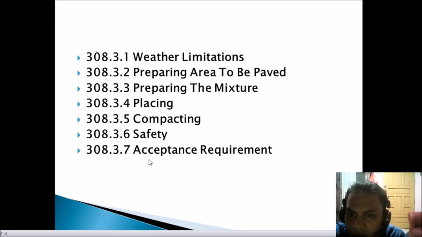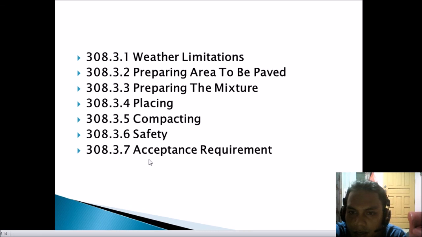An application of chalk and grease may be necessary to prevent mix pickup by the pneumatic tire roller. Final rolling shall eliminate marks from previous rolling. In areas too small for the rolling, a vibrating plate compactor or hand tampers shall be used to achieve true compaction.